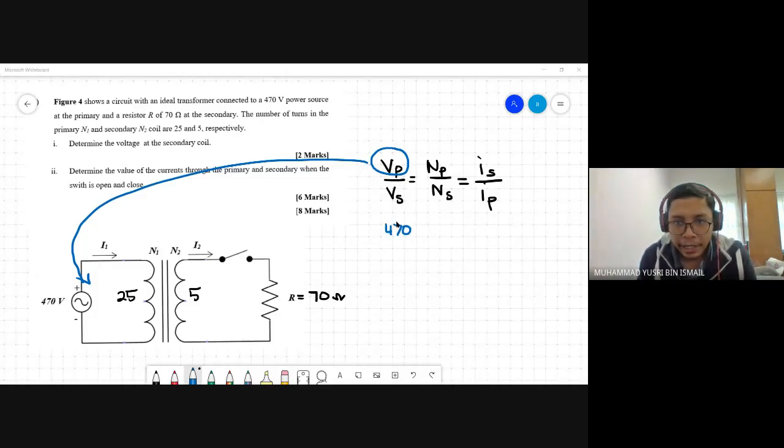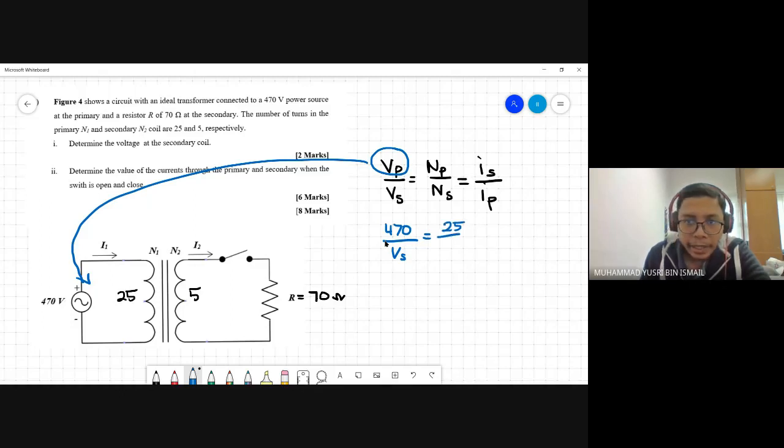We need to determine the voltage at the secondary coil. The number of turns at the primary is 25, and at the secondary is 5.